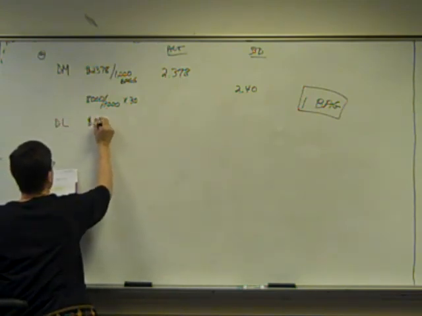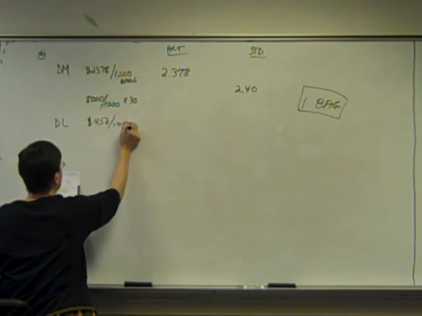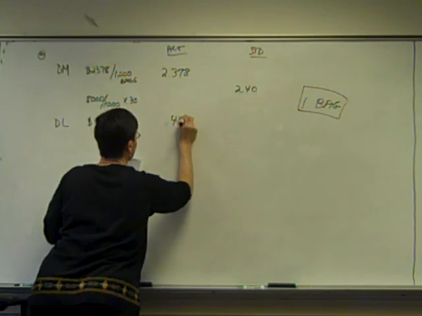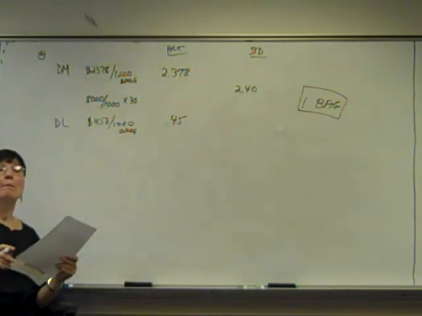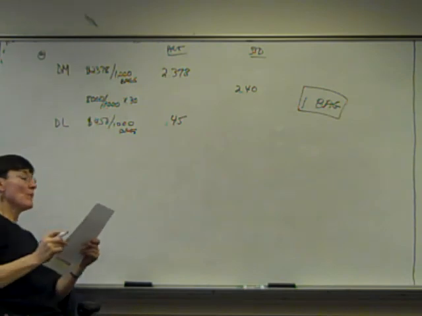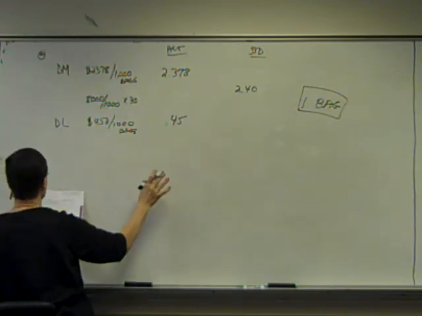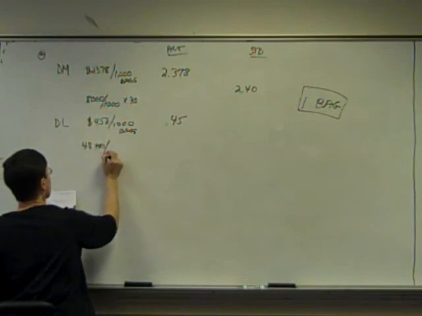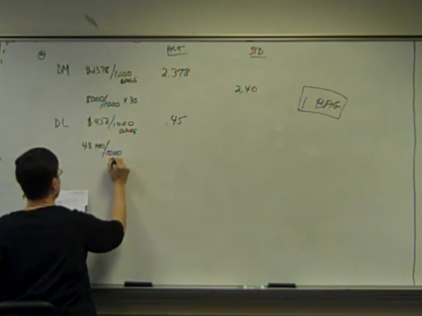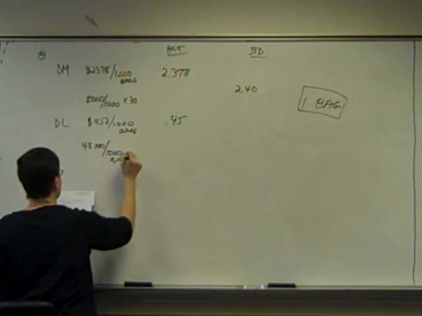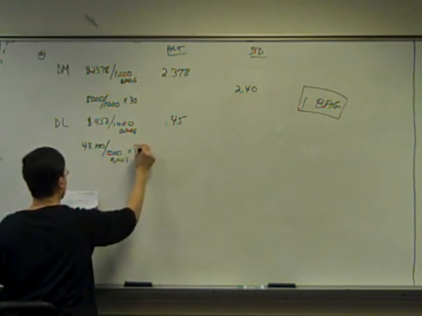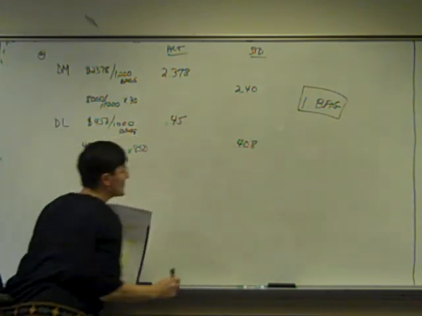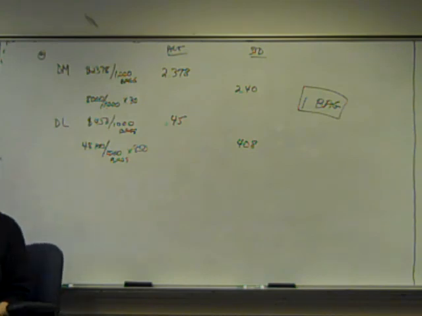We spent $450 to make 1,000 bags, so to make 1 bag cost us 45 cents in labor. For our standard, we are allowed to take 48 hours to make 1,000 bags, and we are allowed to spend $8.50. So for 1 bag, our budget is a little under 41 cents.